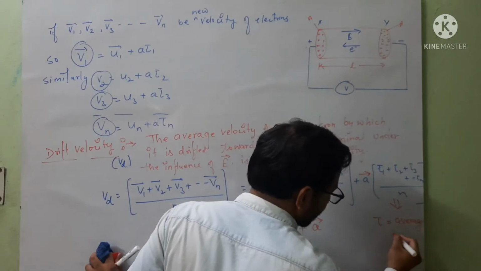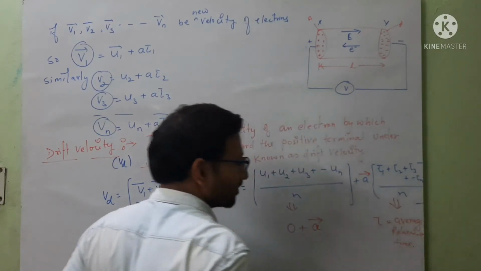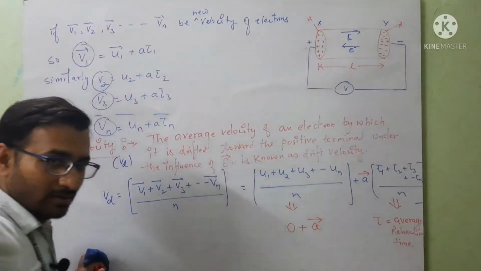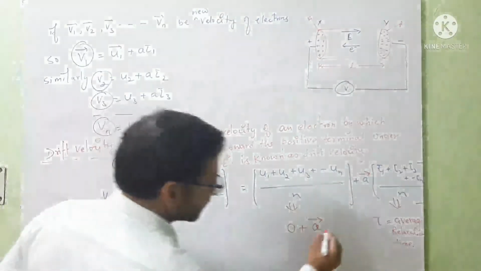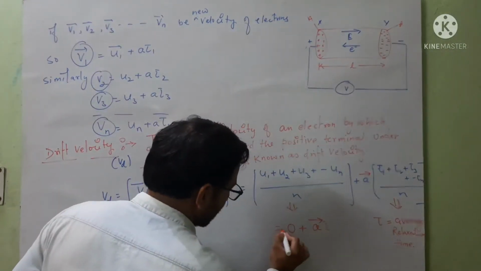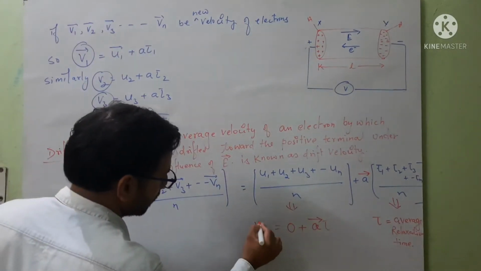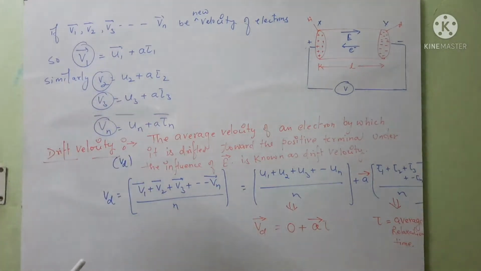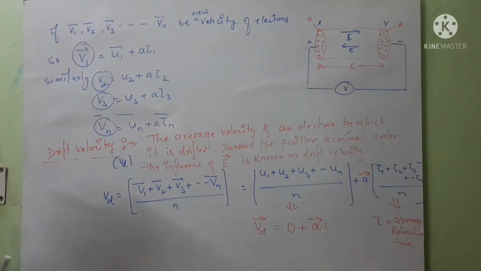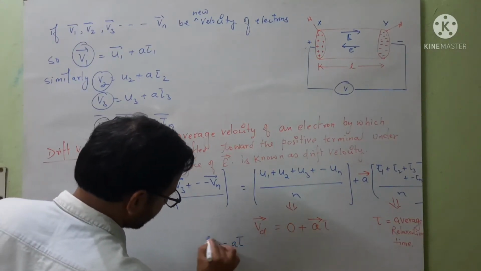Remember this point, average relaxation time. It is the average time taken between two successive collisions. So it is denoted by tau, and here we have the value of Vd. Got it? So in magnitude terms you can write this formula directly, Vd is equal to a tau.